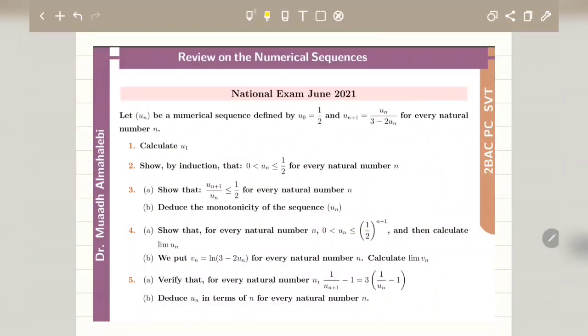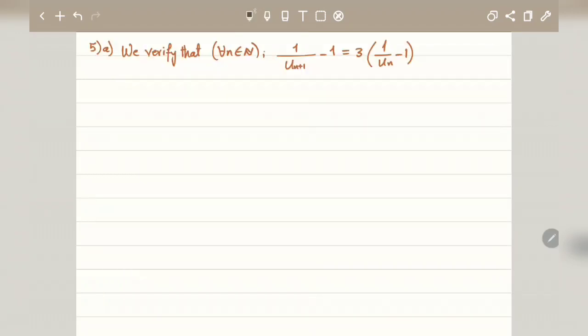In question 5a, we verify that 1 over un plus 1 minus 1 equals 3 times 1 over un minus 1 for each natural number. So we have, for each n belongs to N, 1 over un plus 1 minus 1, which is the left-hand side of the relation.